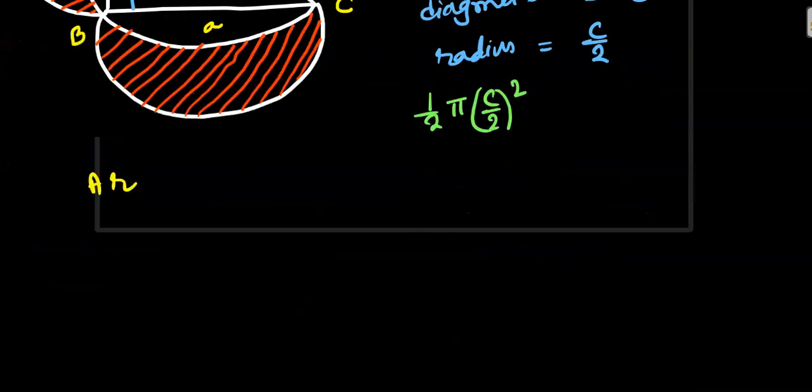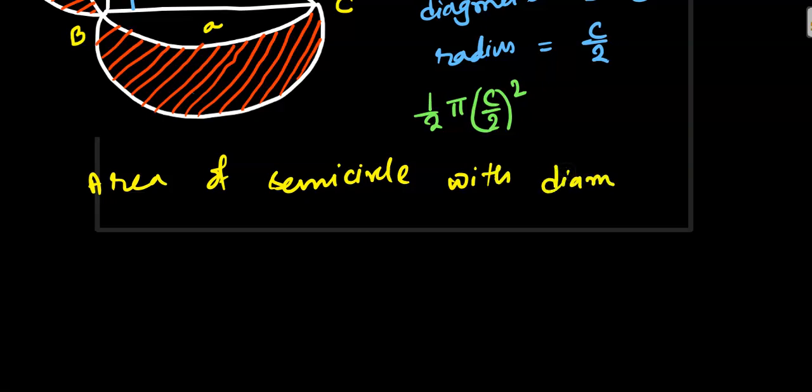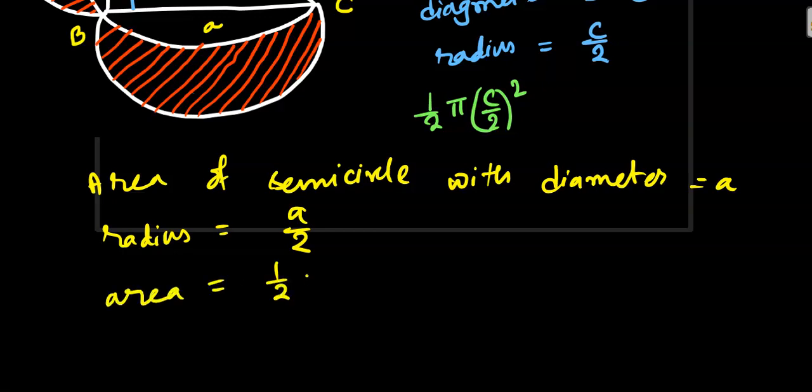Now find the area of the semicircle with diameter equal to A. Its radius is equal to A by 2. So its area is equal to half pi (A by 2) whole square.